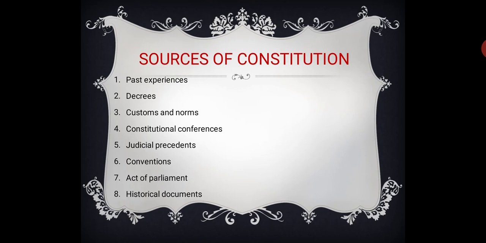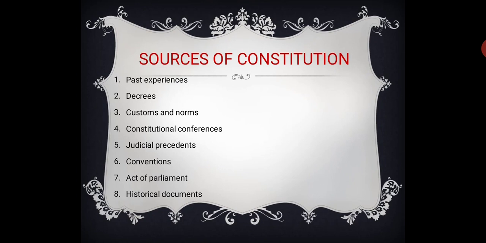The behavior and ways of living of a people serve as important source of Constitution. It's also known as traditional laws. Number 4, we have the constitutional conferences. These are the avenues where constitutional ideas are discussed and resolved in preparation of a new constitution.